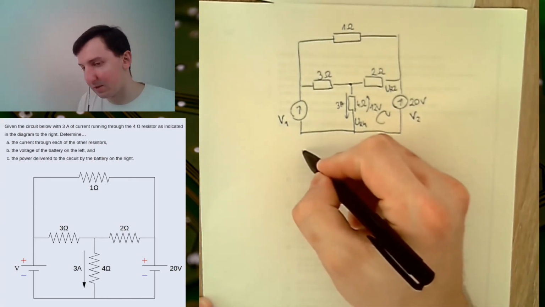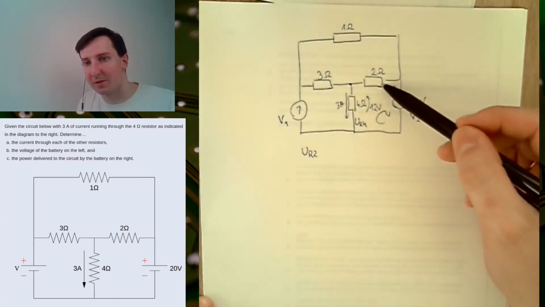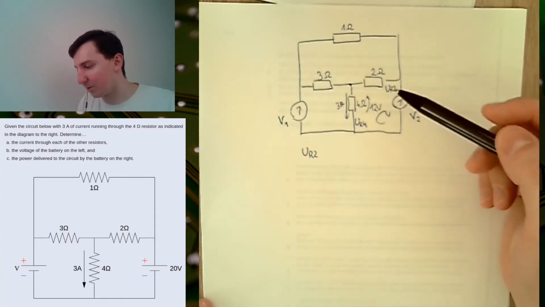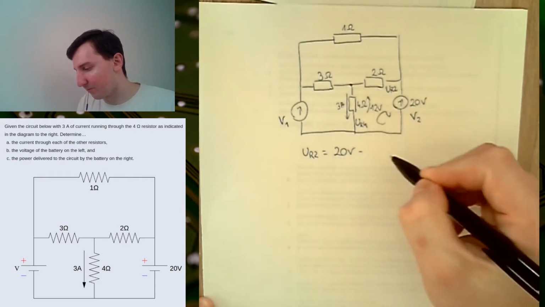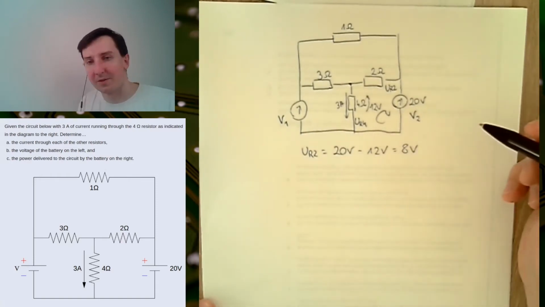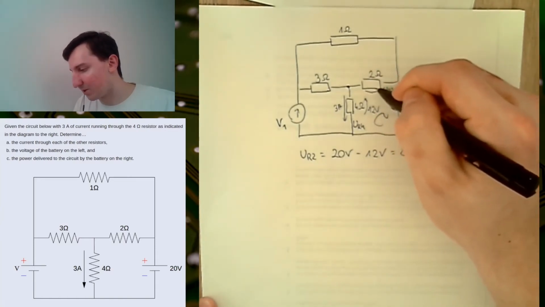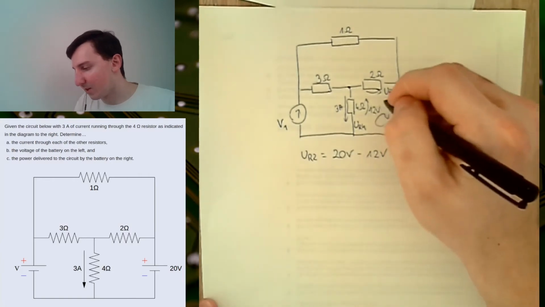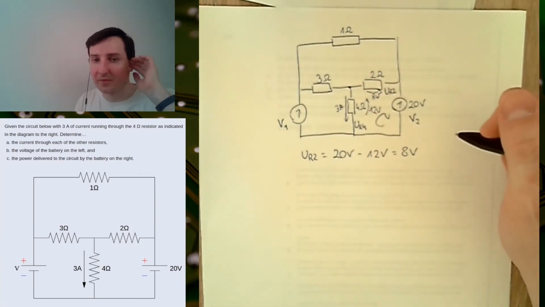So we can easily calculate UR2, which is the voltage drop on the resistor of the value 2 ohms, will be equal to 20 minus 12, okay, which is 8 volts. So we know that we have 8 volts right here.